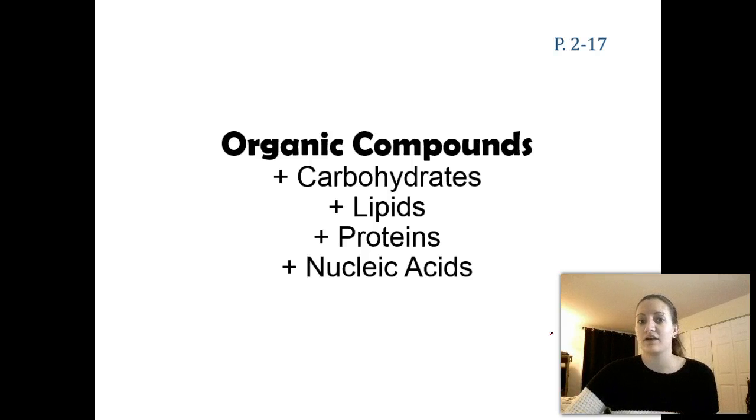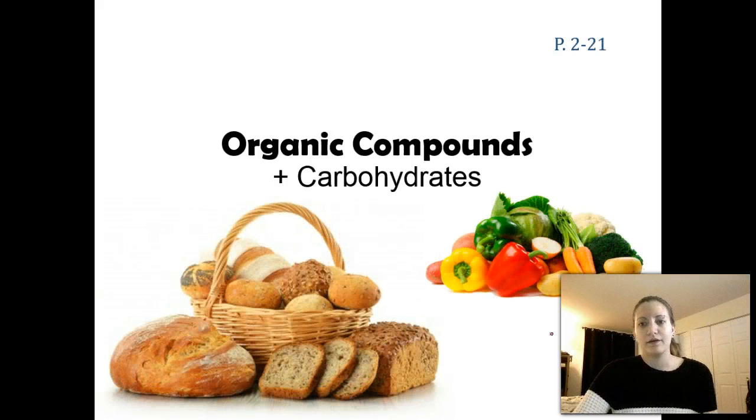This lecture is just going to cover these first 2, carbohydrates and lipids. So carbohydrates, and typically when people think of carbohydrates, they think of bread, like you see here. But glucose is an example of a carbohydrate, and you know glucose comes from plants when they photosynthesize.